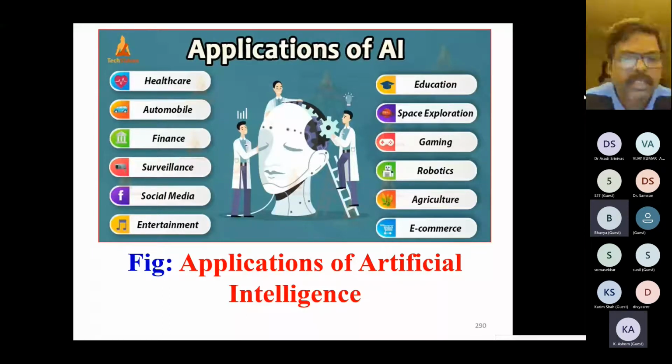What are the applications of artificial intelligence? If you see, these are the various applications, especially in healthcare.